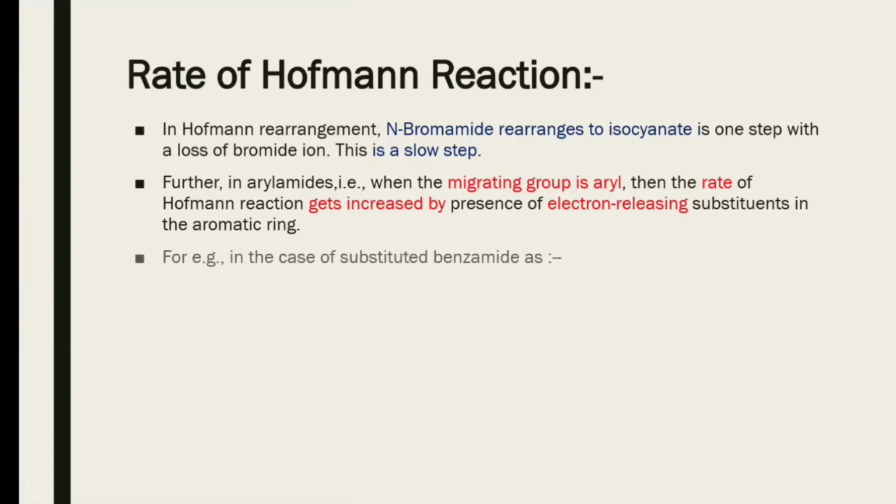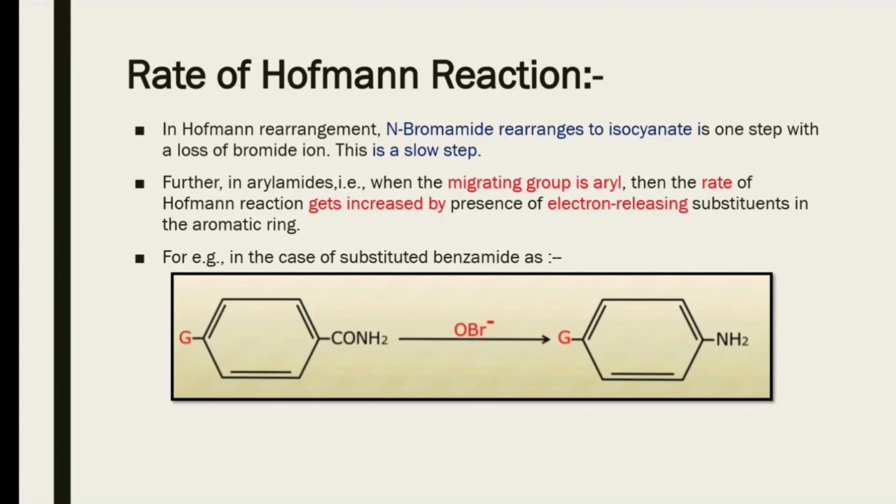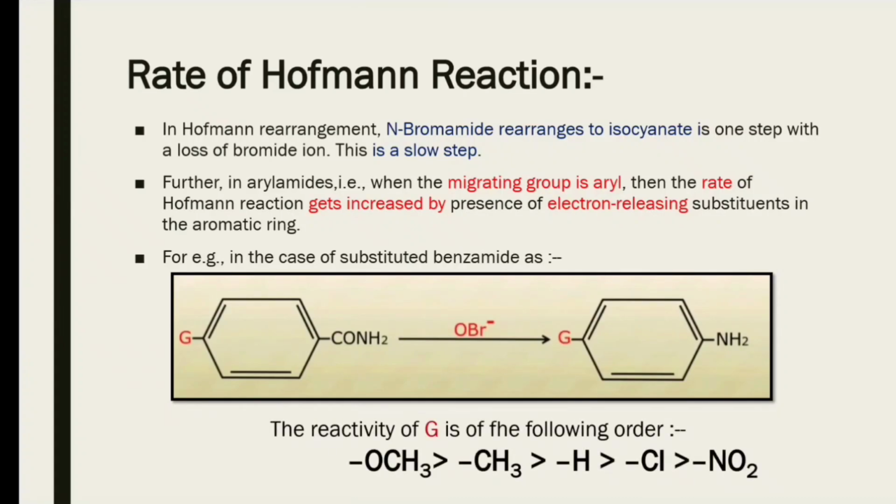For example, in case of substituted benzamides, let G here be an electron releasing substituent on this aromatic ring. So the reactivity of G is of the following order: OCH3, then CH3, H, Cl, and then NO2.